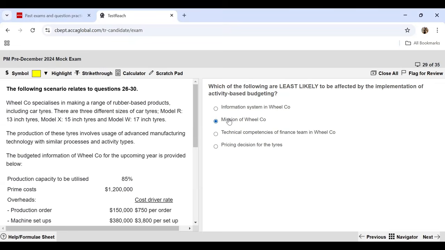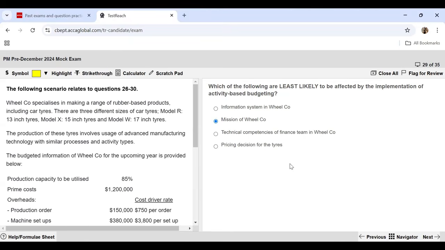Technical competencies of finance team, it's definitely going to be affected, because now they are switching to a method of budgeting which is more sophisticated, a little bit more complex than the traditional one. So definitely it will require the finance team to be very competent. Then the last option is the pricing decision for the tires.